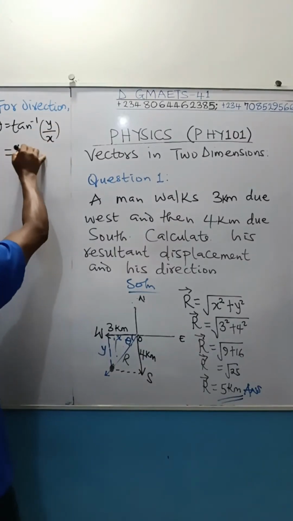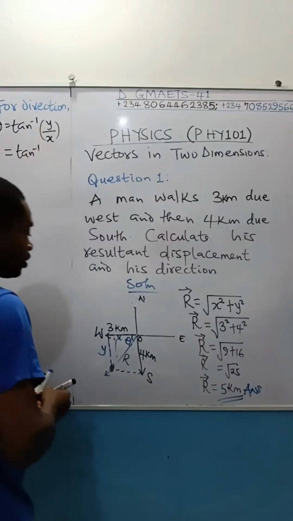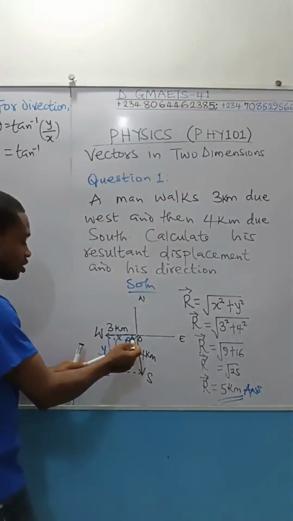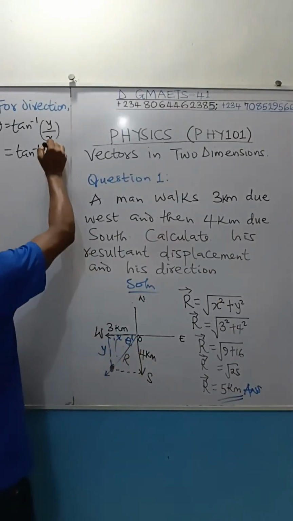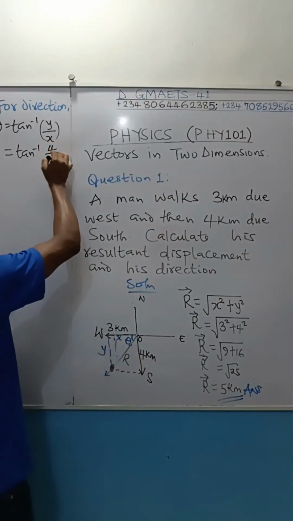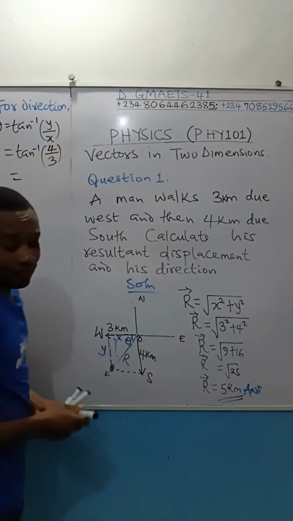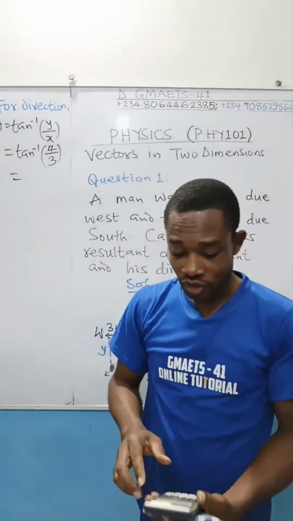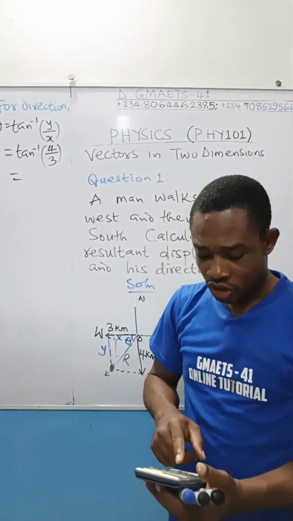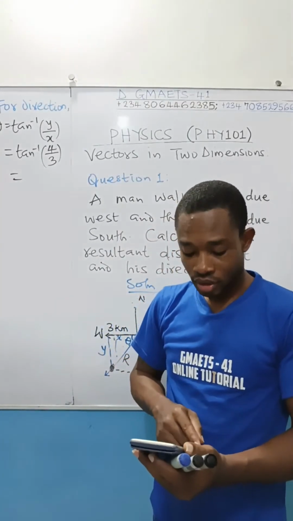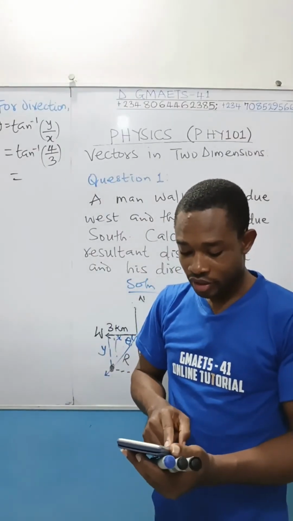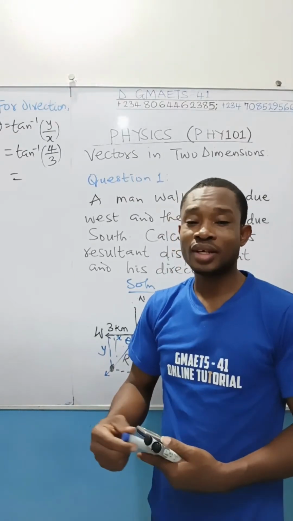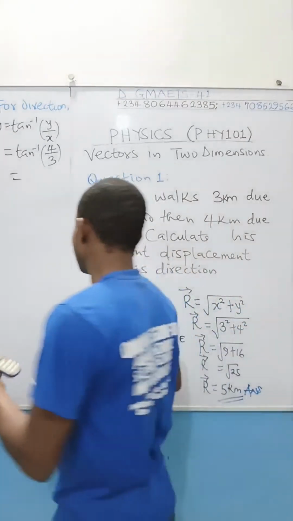If you substitute into this formula, the opposite is 4 kilometers, because the angle theta is facing it. So you have 4 all over, the adjacent is 3. Now evaluate the tan inverse of this quantity. You can reach out for your calculator, then shift tan 4 over 3. This gives 53.13. Let me just approximate to 53 degrees.